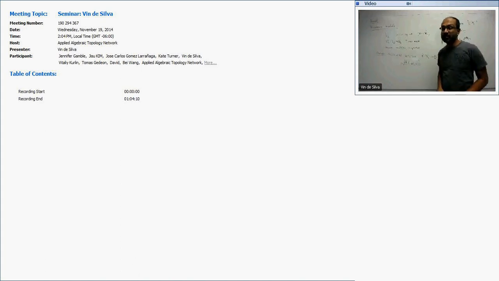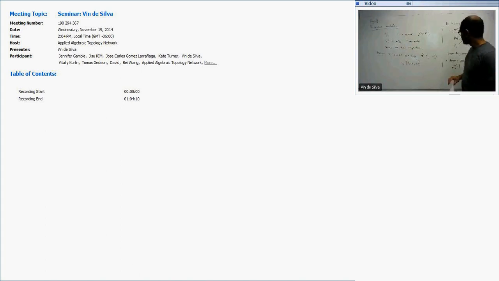Now, what's well known is that in applications we don't restrict ourselves to the persistence module itself. We convert it into something called a persistence diagram, which probably all of you are familiar with. I'm not going to say much about persistence diagrams, but the point is that this interleaving distance plays nicely with one of the natural distances on persistence diagrams. So this is the starting picture.